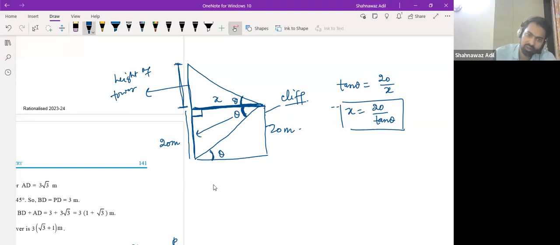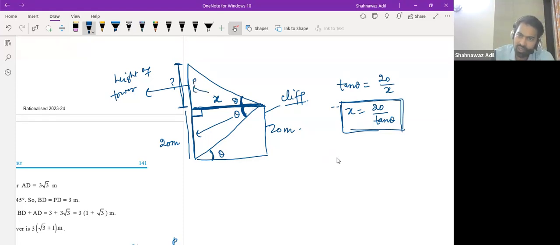Yes, sir. Okay, this was my mistake. So x is 20 by tan theta. Now I have this x and I have this theta, and I want to find out this thing. So this is my perpendicular, and this is my base.